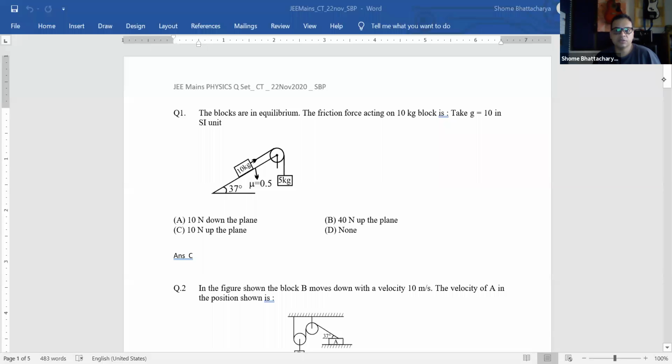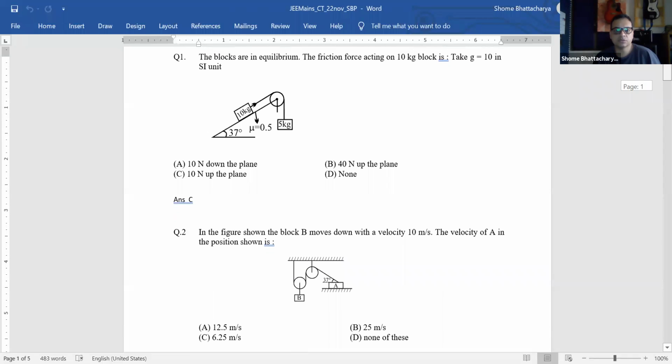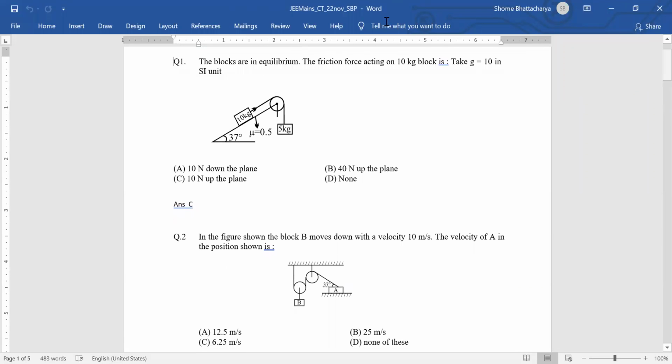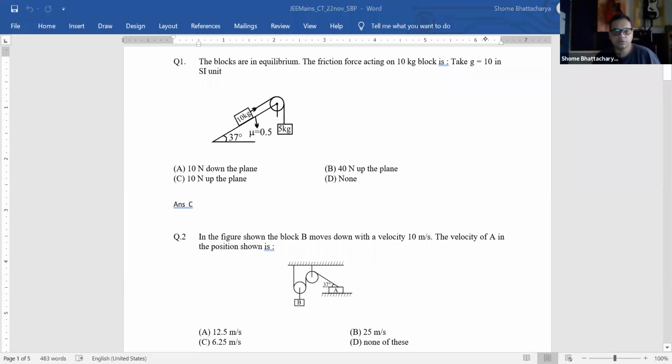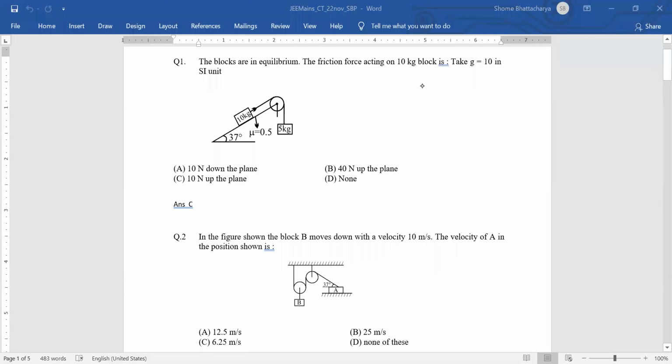Does anybody have a doubt in the first or second question? Just go through these two and tell me. Okay, second question, Shikhar, you have a doubt, we'll discuss. So question number one.